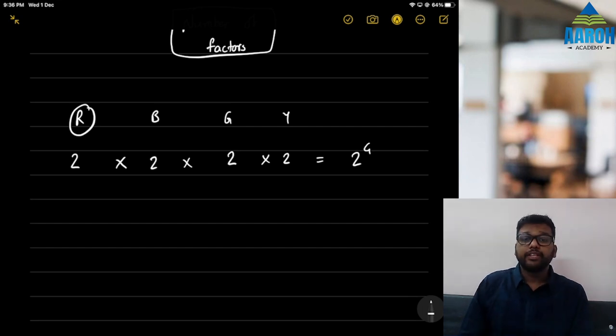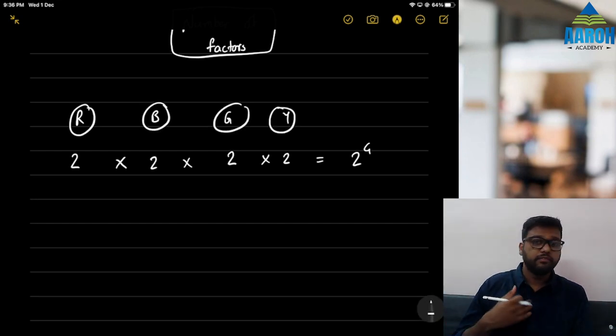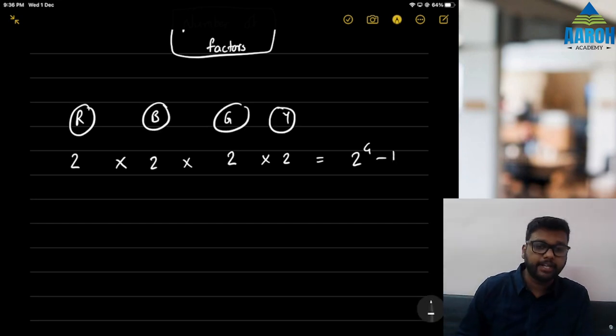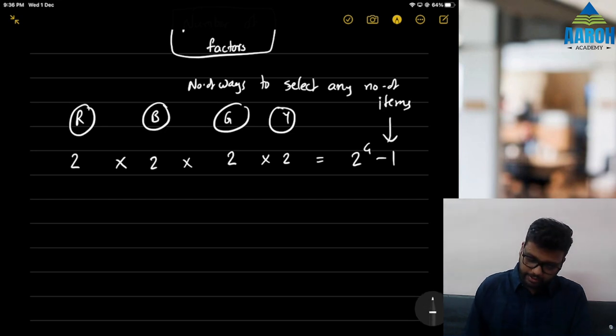But there will be one case where nothing will be selected. We don't want that case, that is why we subtract it. So if we want number of ways to select any number of items, then it is 2 raised to n minus 1 in general.